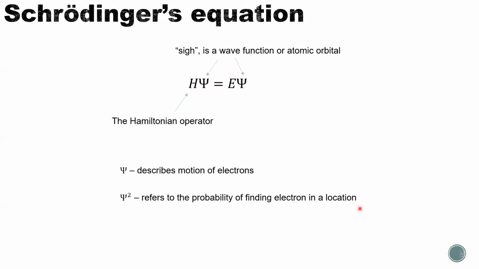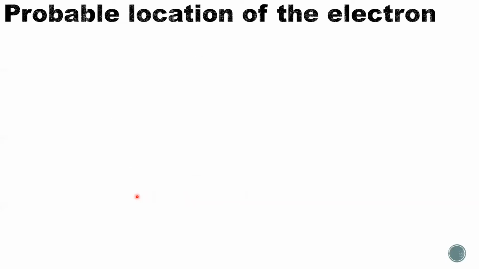If you know the meaning of psi squared, then we can create better ways to describe the location of electrons near an atom. We call that the probable location of the electron.